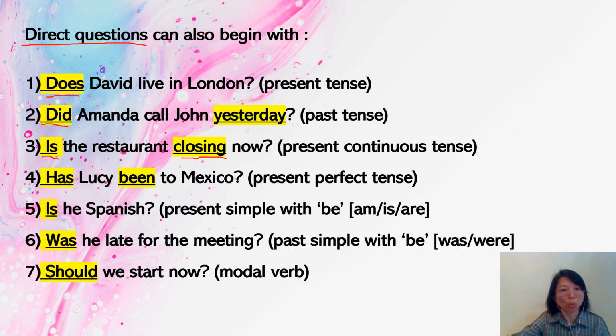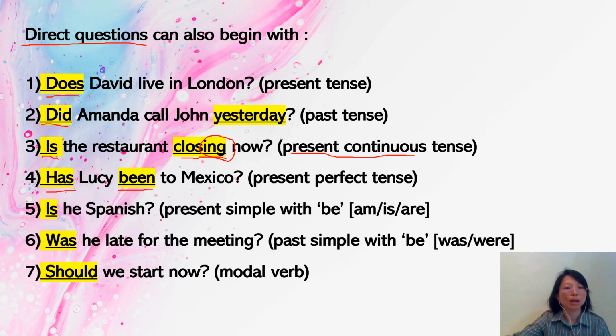When you look at the word closing with the ing here, this is the present continuous tense. Then number 4, has Lucy been to Mexico? This is using present perfect tense. So present perfect tense always uses has here, and also the word been.